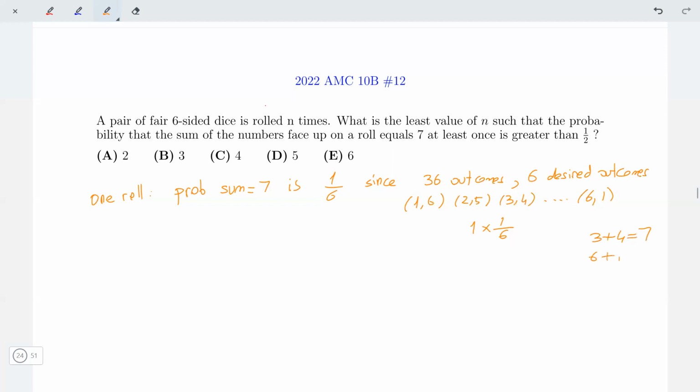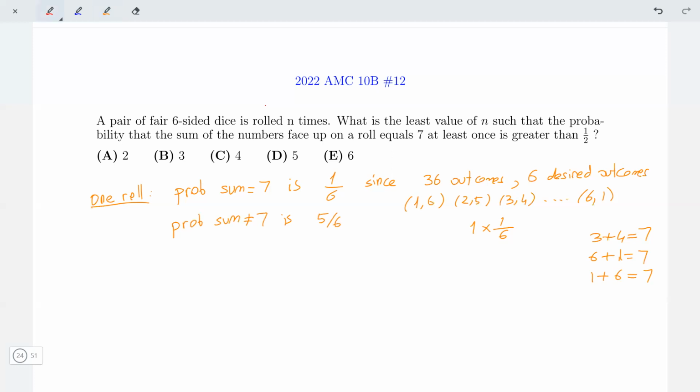Or if the first one is 6, the second one has to be 1; if the first one is 1, the second one has to be 6, etc. So no matter what you have for the first die, the second one is fixed if you want the sum to be equal to 7. Okay, so the probability of the sum equals 7 is 1/6. Hence, the probability that the sum is not equal to 7 is the remaining 5/6.